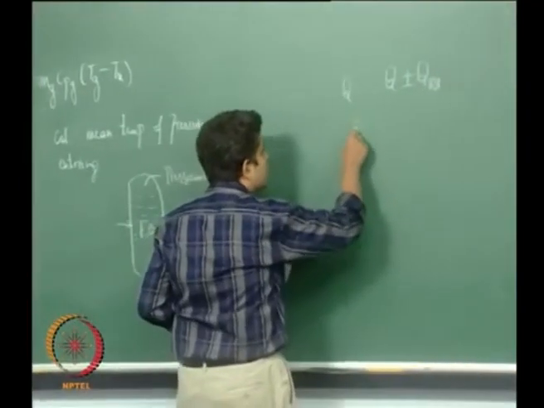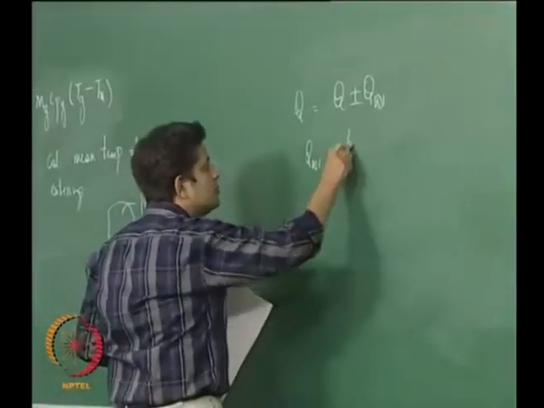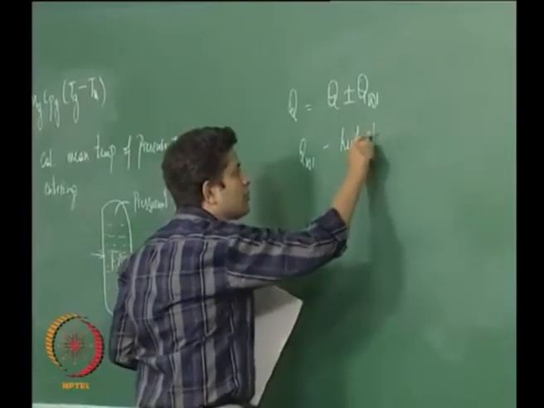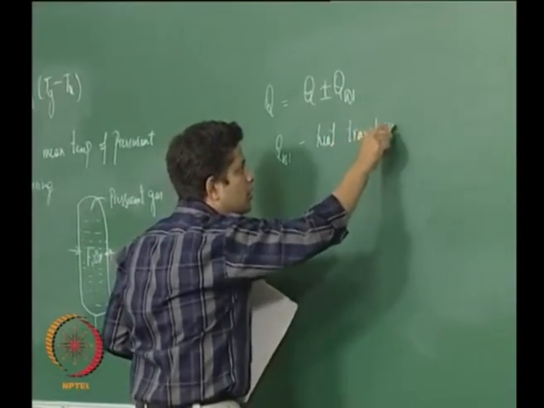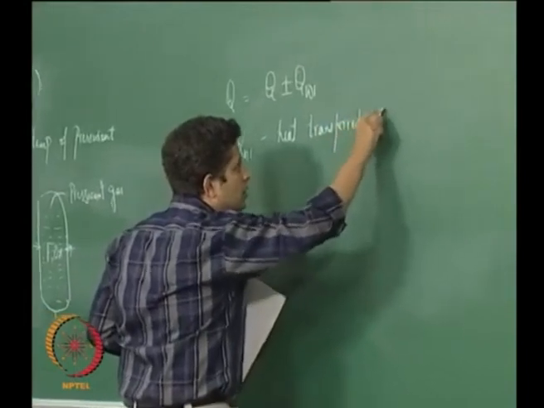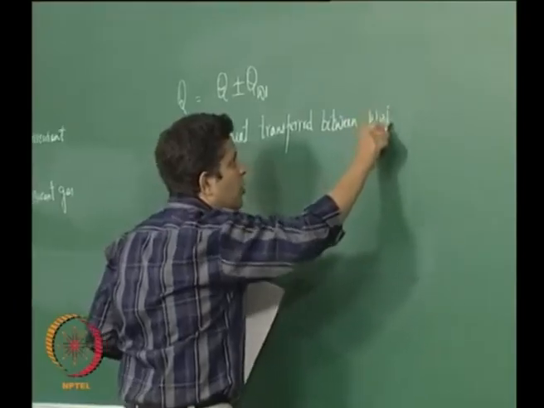So, Q wall 1 is between wall and propellant.